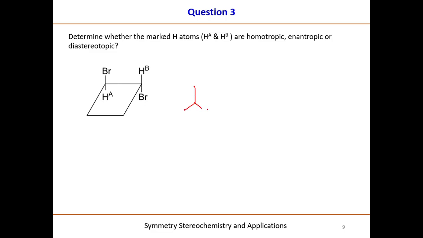Suppose we have an alkene, this alkene here, and two chlorine groups are present on these two carbon atoms. Okay, I will draw it here.